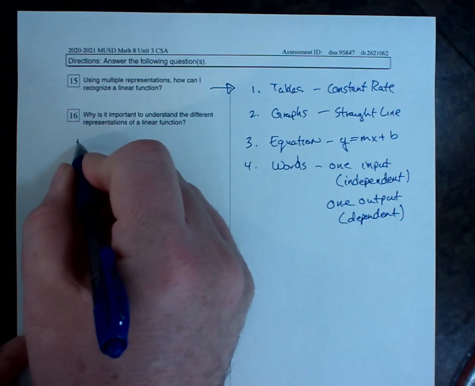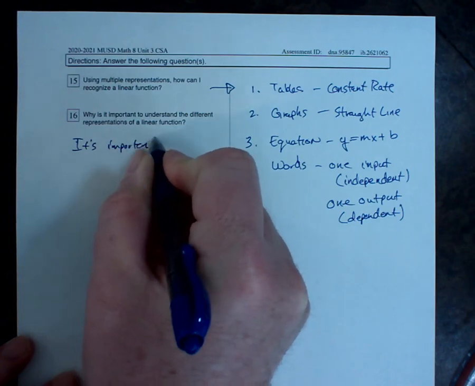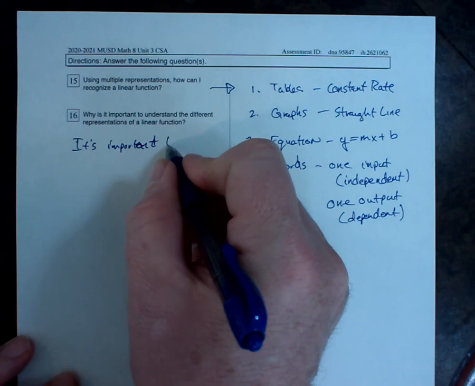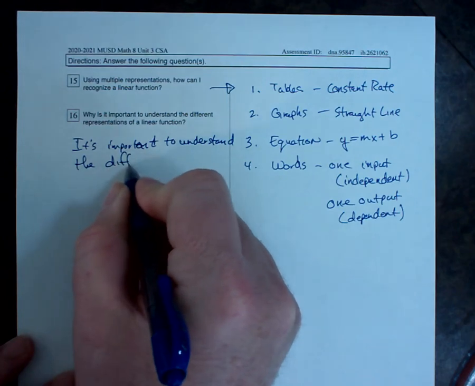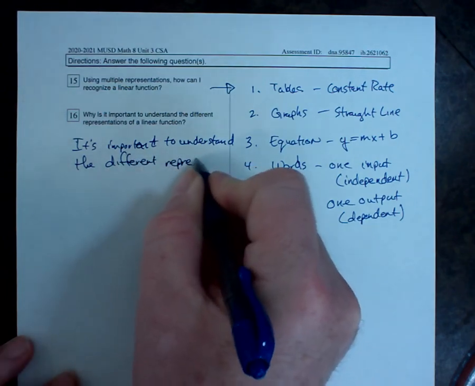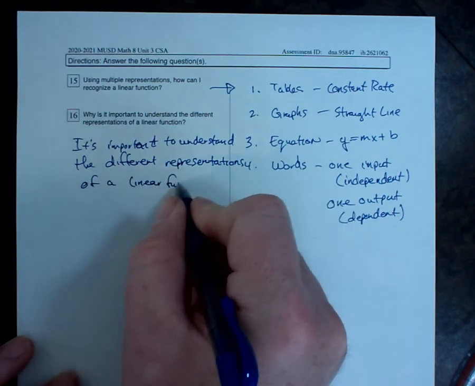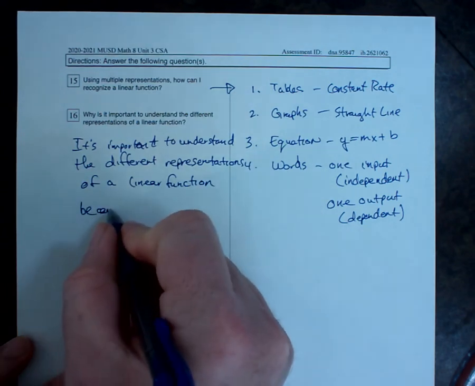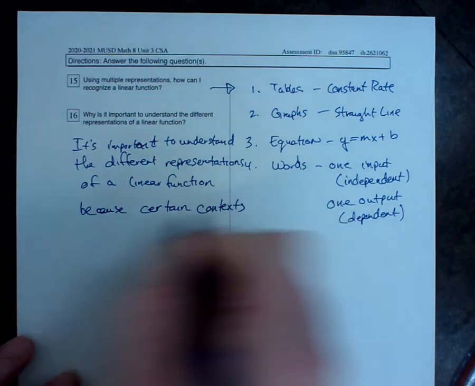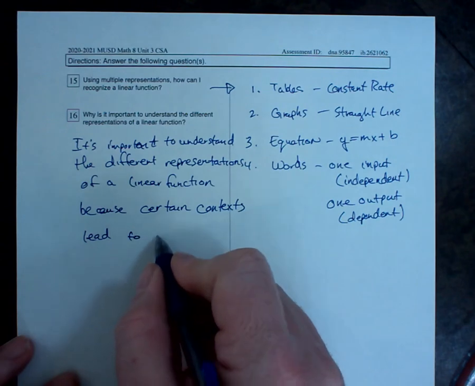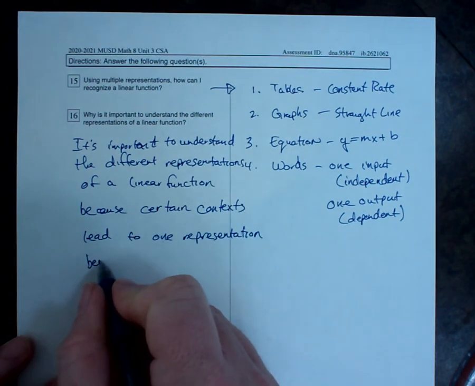It was that it's important to understand the different representations of a linear function, because certain contexts lead to one representation being better than another.